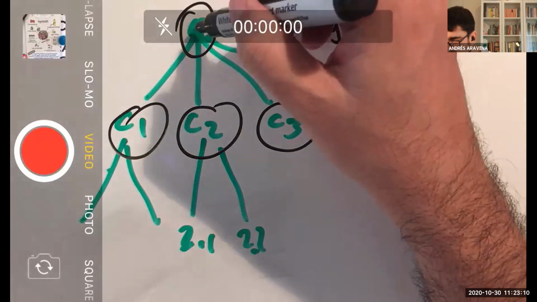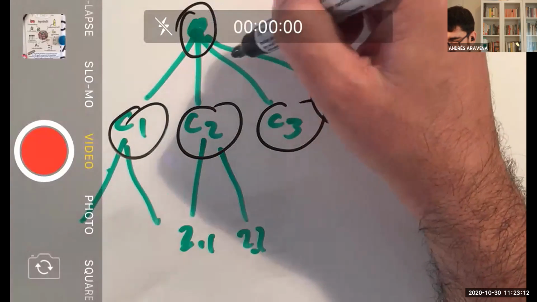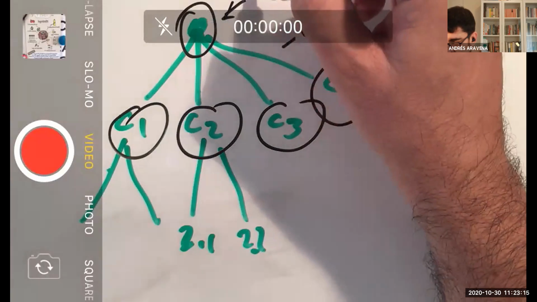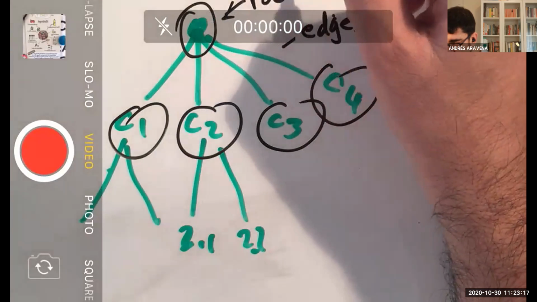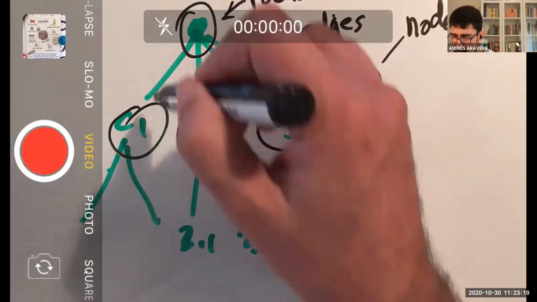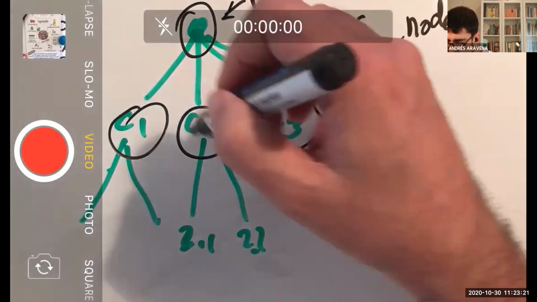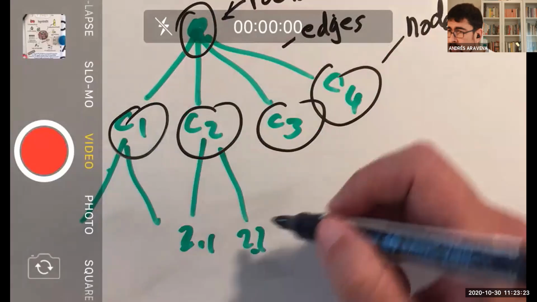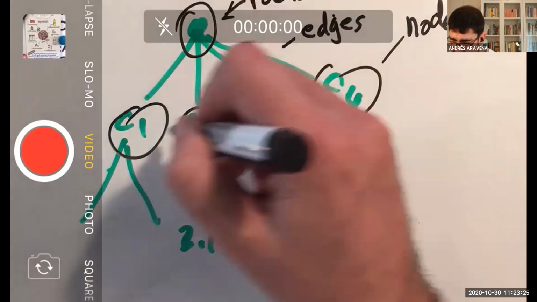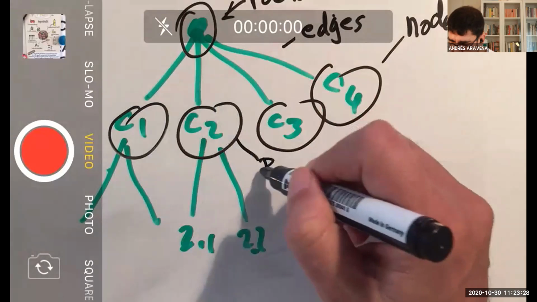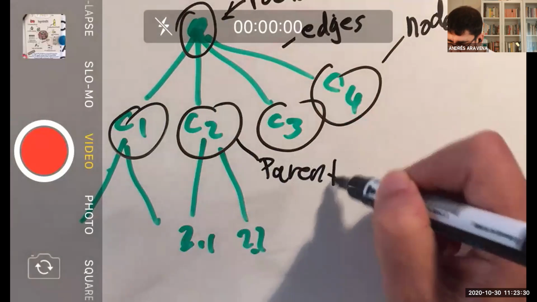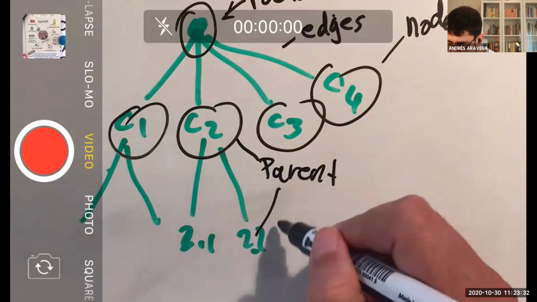And this particular one, the one without any father, is called the root. So the relationship is like, let's say this is a parent, and this is a child.